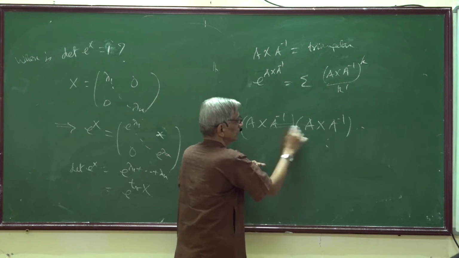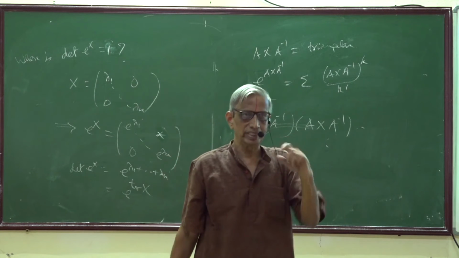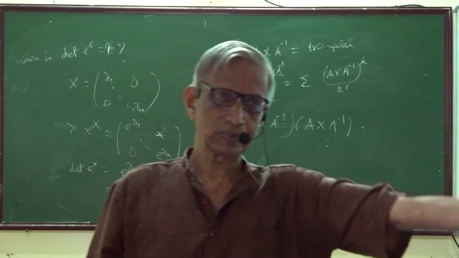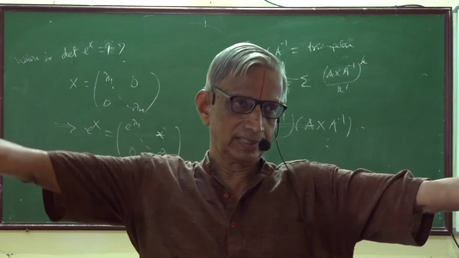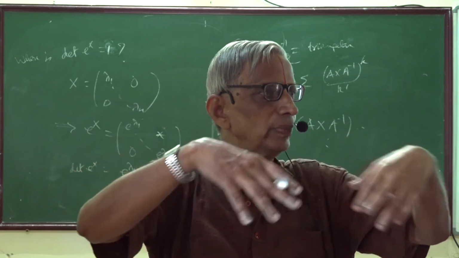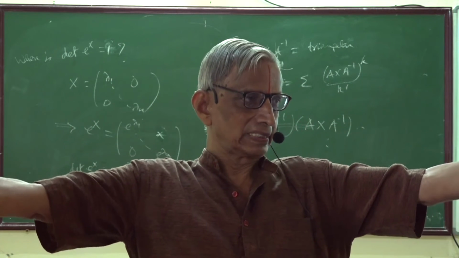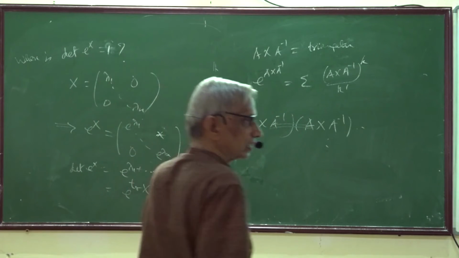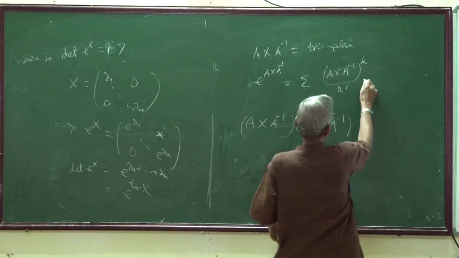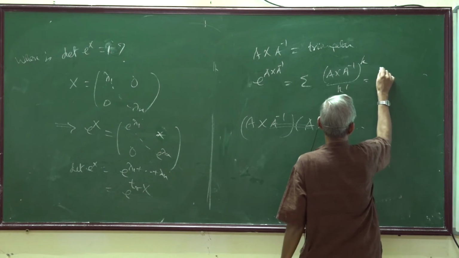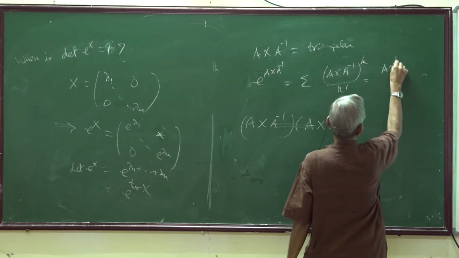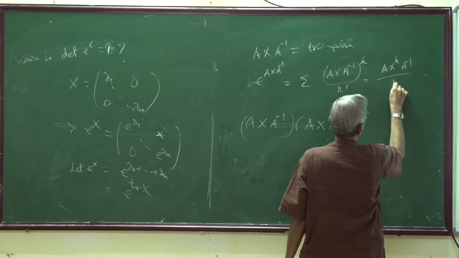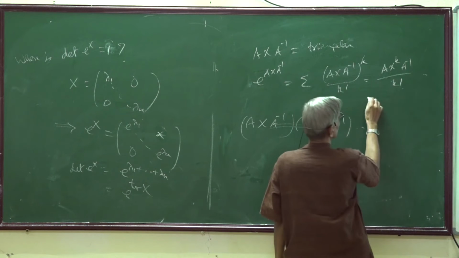So all these A's which lie in between will cancel off, leaving you A inverse on this side and A on the other side. In the middle you will have only the x's, so we have x k times. So this is A inverse, A x to the k, A inverse.